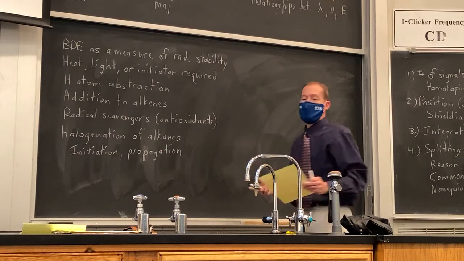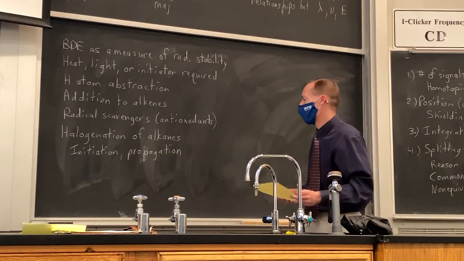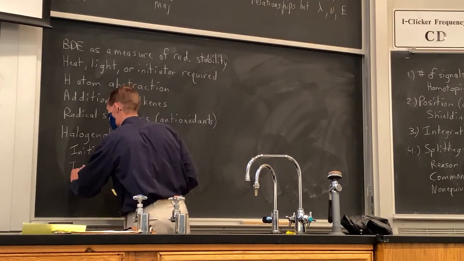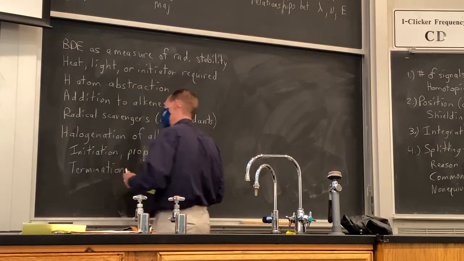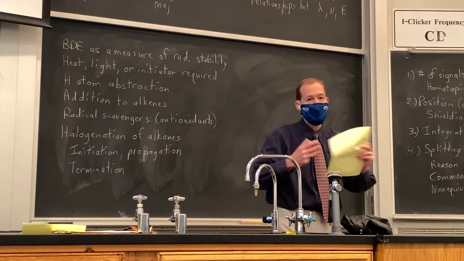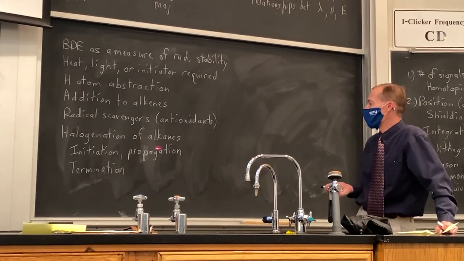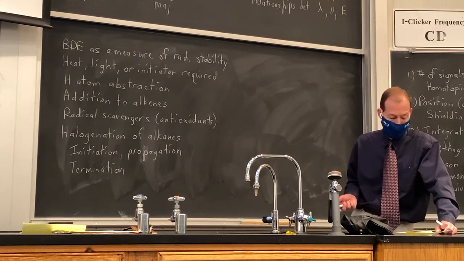So if we're drawing a mechanism for a halogenation, we would only draw the initiation and the propagation steps. But it's important to know that we occasionally do have termination steps occurring. So being able to recognize those steps where 2 radicals would come together. But if we're drawing a mechanism, we're usually just drawing the initiation and the propagation steps, okay?